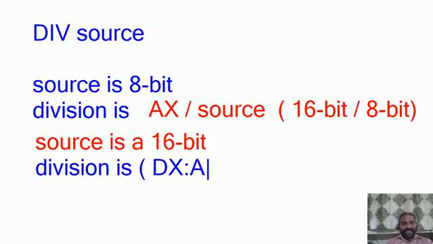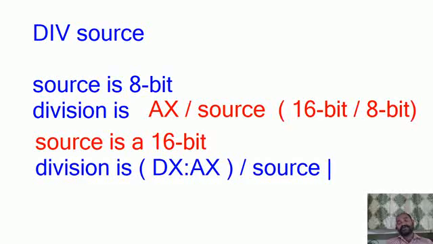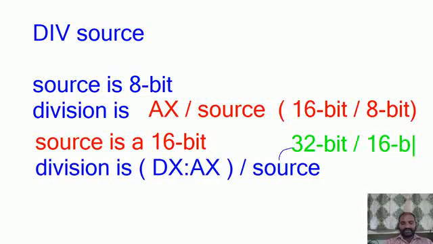DX colon AX content is representing the 32-bit number. This number is divided with the source, because the source is a 16-bit number. Whatever division we are writing over here, I'm going to write upward. I'll take the green. This division is performing what kind of division? A 32-bit by 16-bit division. Okay, so this is the division operation.